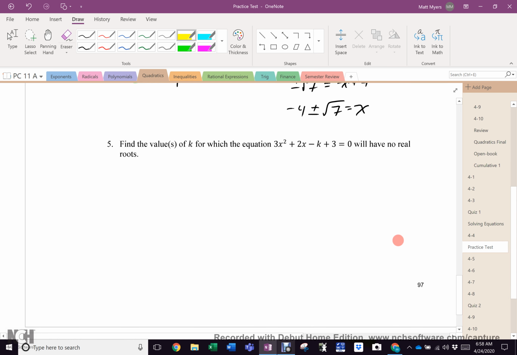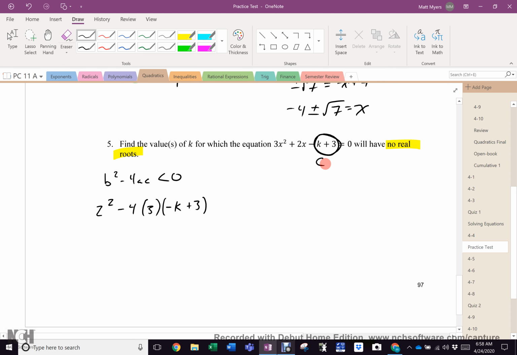And here, I want this to have no real roots, which means b squared minus 4ac has to be less than 0. So that is 2 squared minus 4 times 3 times negative k plus 3, because that is c.